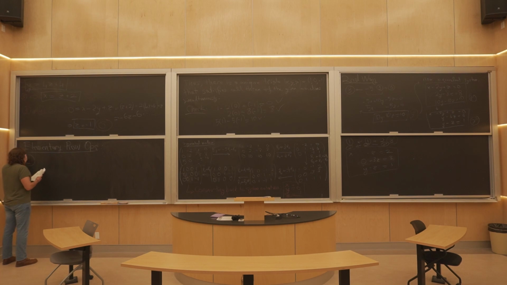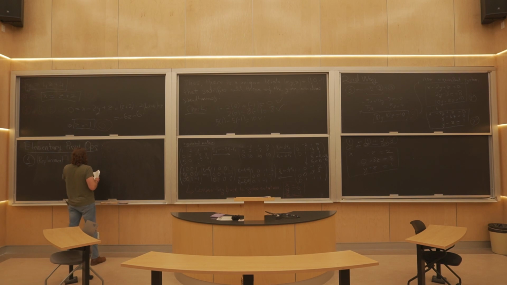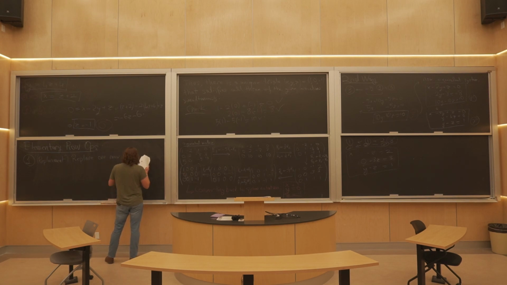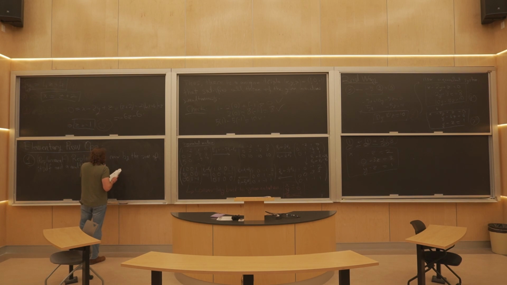So, first one is replacement. Replace one row by the sum of itself and a multiple of another row.